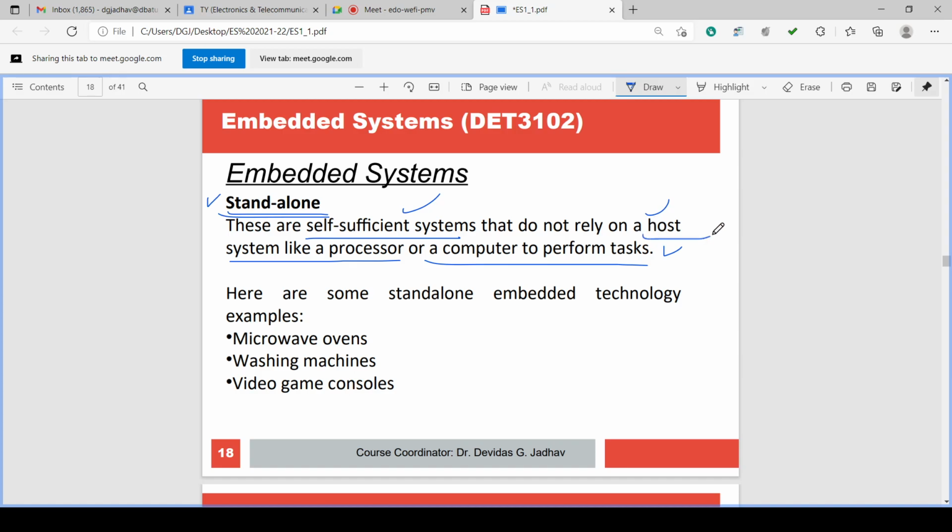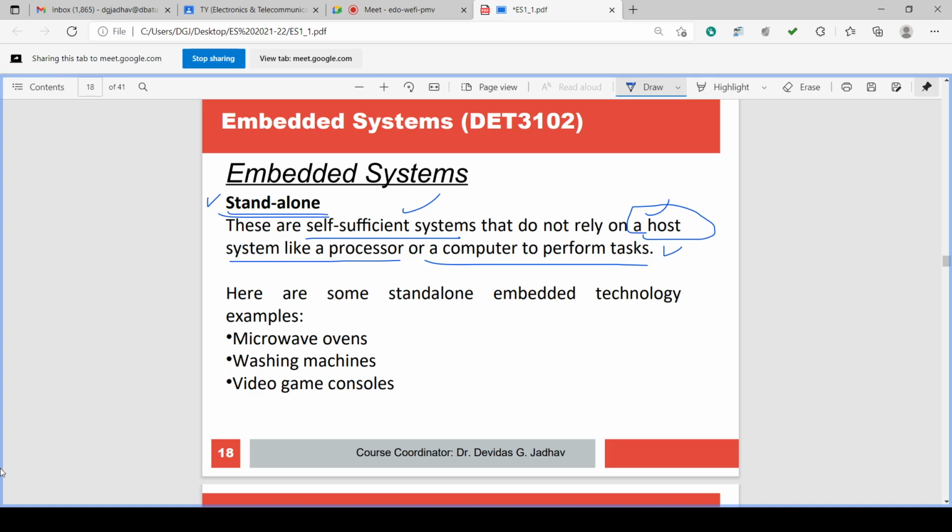A host system is not required compulsorily. External processors, host processors or master processors are not required compulsorily. Your local embedded system within that particular application is sufficient.